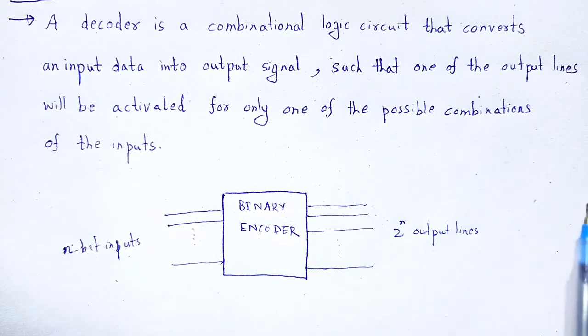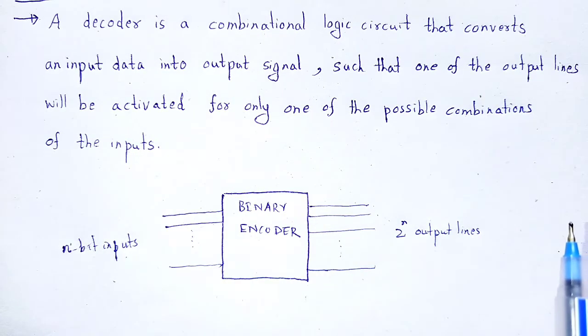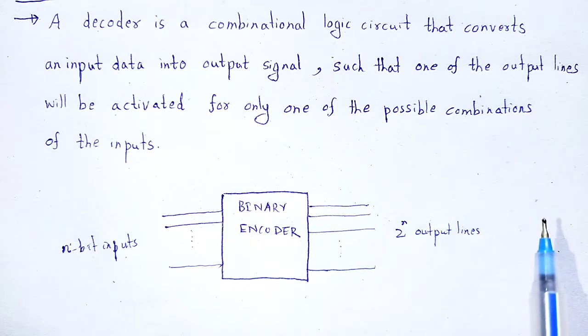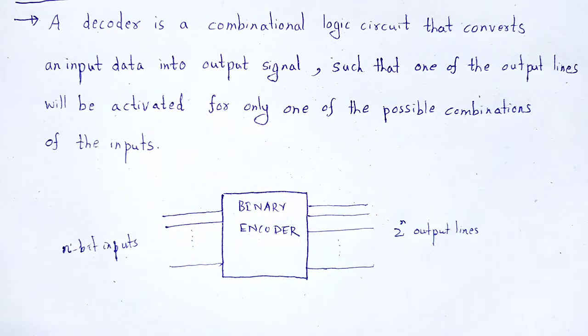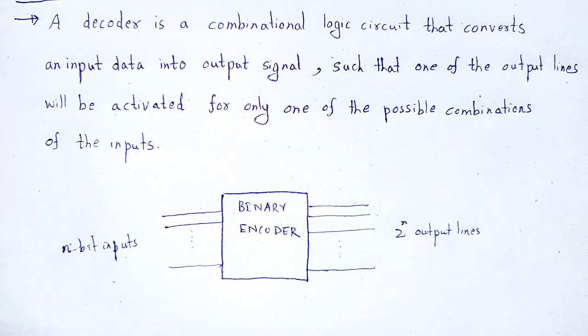On this basis, we categorize the decoder as 2 to 4 decoder, 3 to 8 decoder, and so on. Here we discuss about two kind of decoders, that is 3 to 8 decoder and BCD to decimal decoder.